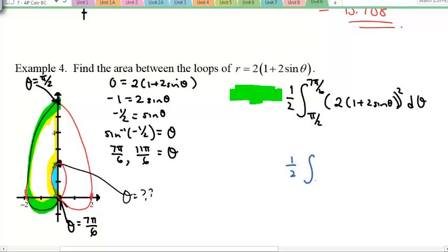I guess that would be 7 pi/6 all the way to there, that angle theta. And then I would have to subtract that part. I want to subtract this blue piece here. That blue piece I highlighted is equivalent to this blue piece over here, so either is good. So the question is, what's that angle theta?